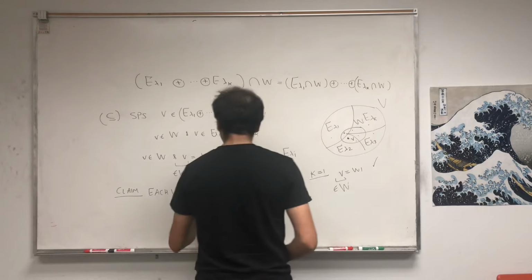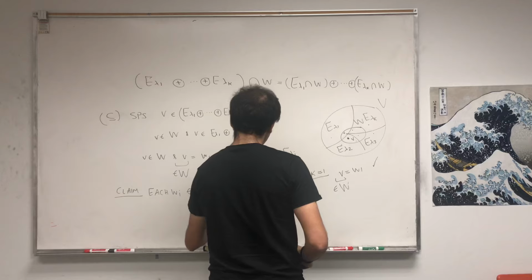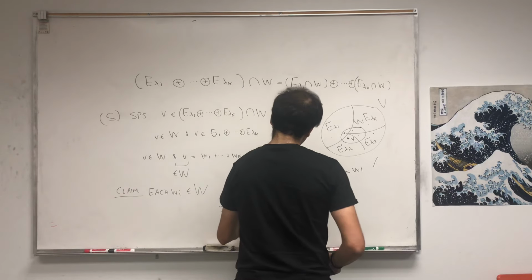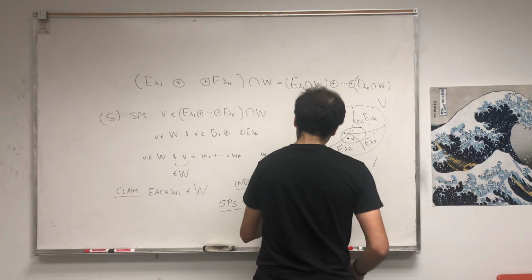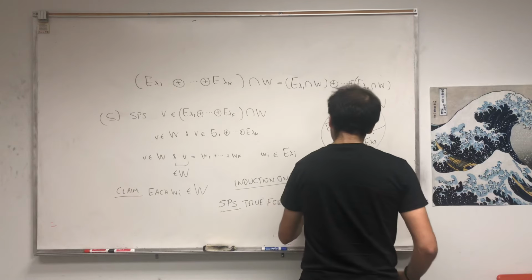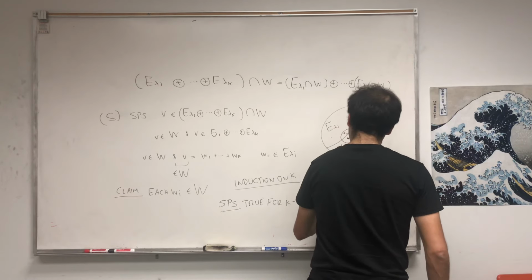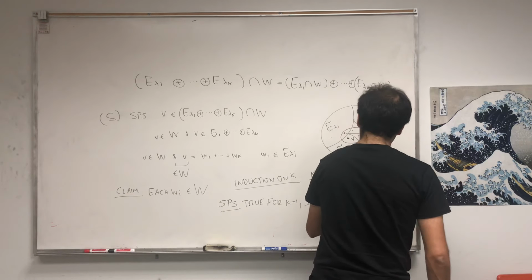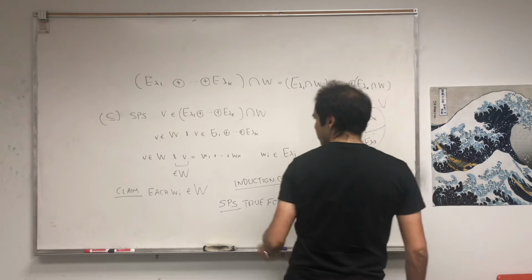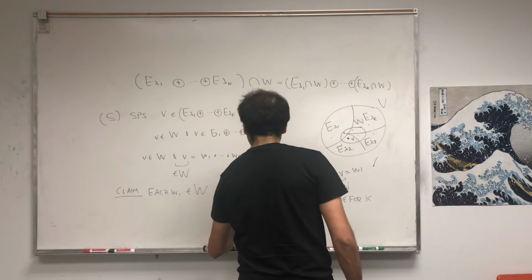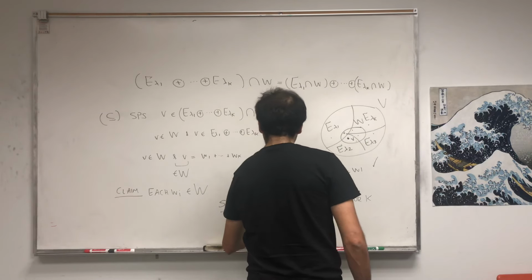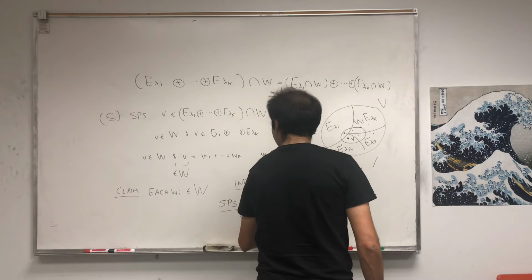And now suppose it's true for k minus 1, and then show it's true for k. So assume V is W1 up to Wk.